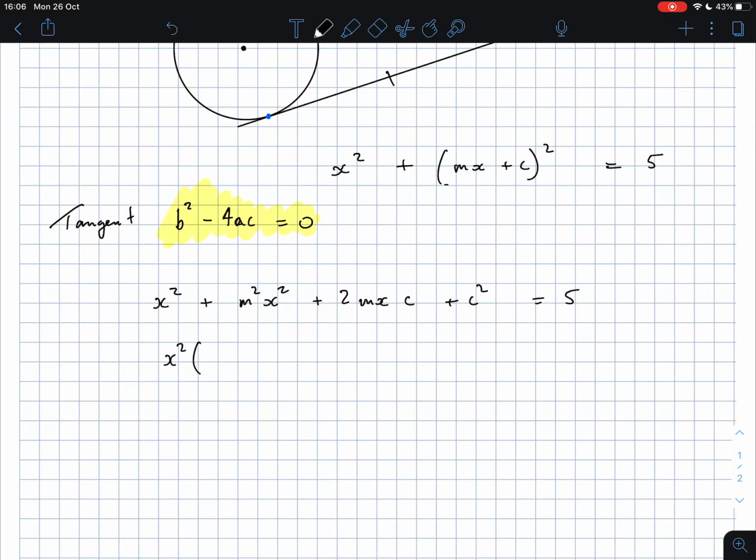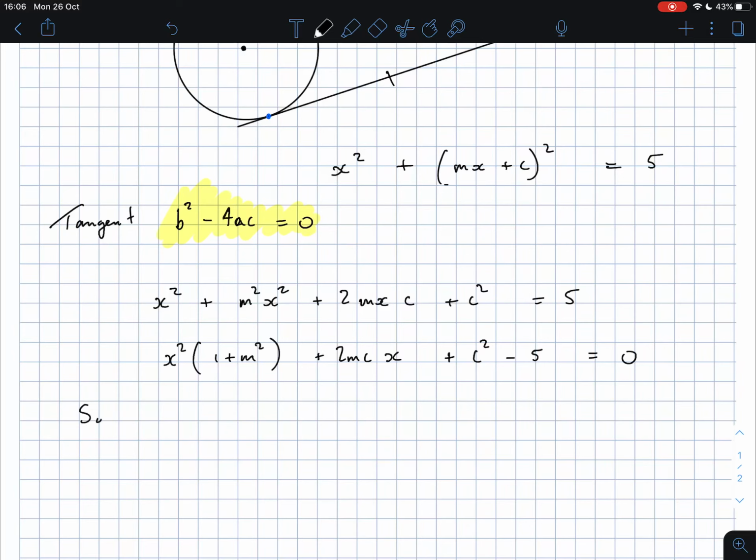Well, there we go, the first 2 factor out nicely, and 1 plus m squared is going to be its coefficient. 2mc is going to be my x term, and c squared minus 5 is going to be my plus c. I know I've used c twice there, but that's just the way it is.